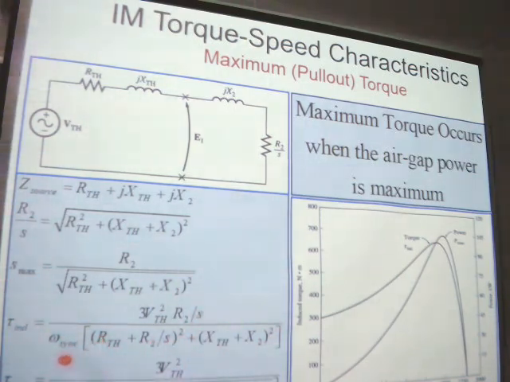Here, R2 is our rotor resistance, R2 over S. But how do we get this? So here, this is R2 over S.